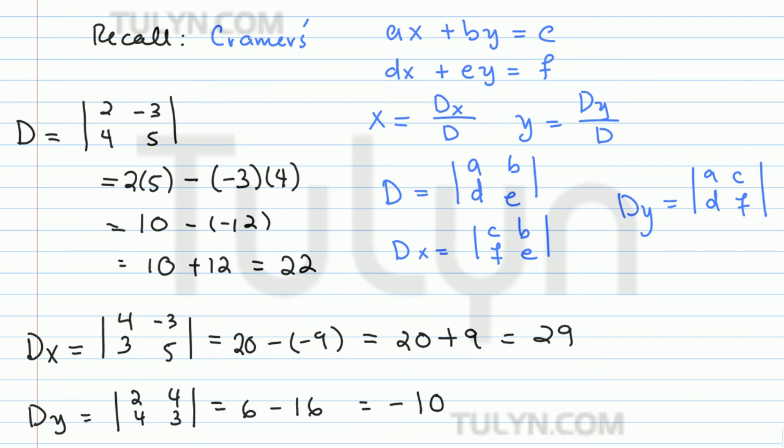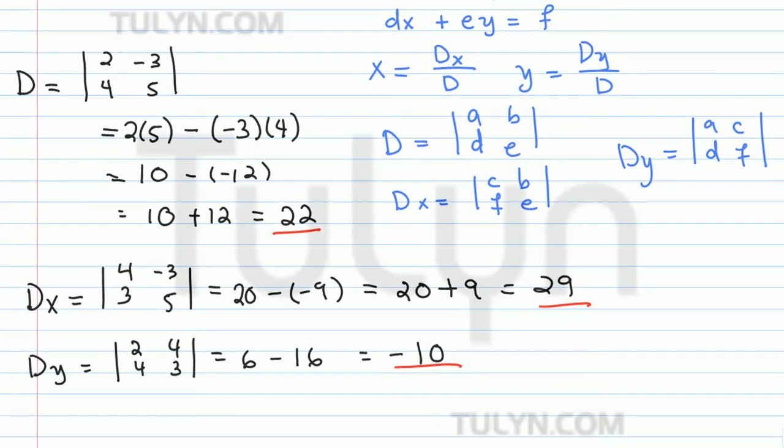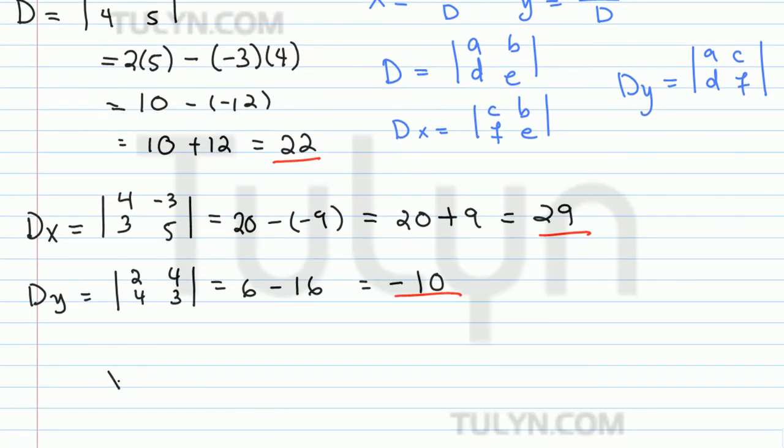Right? So now we have our D, our Dx, and our Dy, and we can finally put everything together. So x is equal to Dx over D, and Dx is 29. Oops, that's not what I meant. I meant 29. And D is 22.